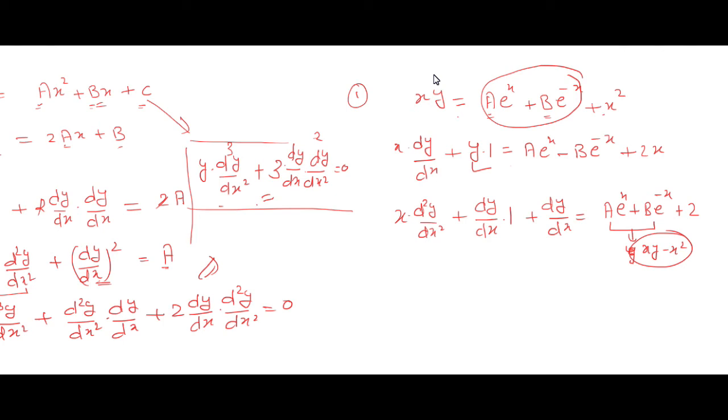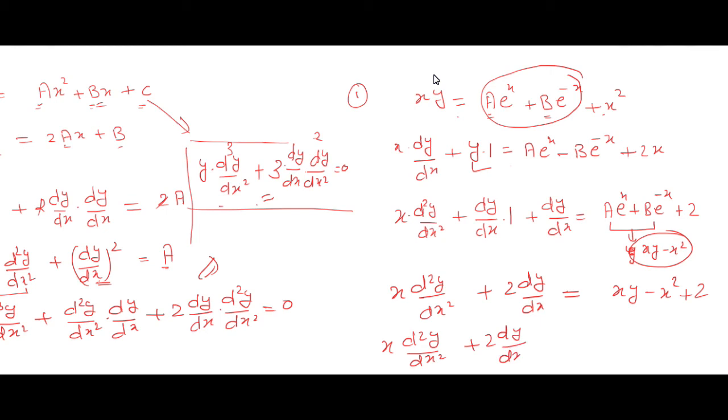So if you write like this, you will get x d2y by dx square plus, adding these two terms, 2 dy by dx equals xy minus x square plus 2. If you write it in a more simplified way, you can write d2y by dx square plus 2 dy by dx minus xy equals 2 minus x square.